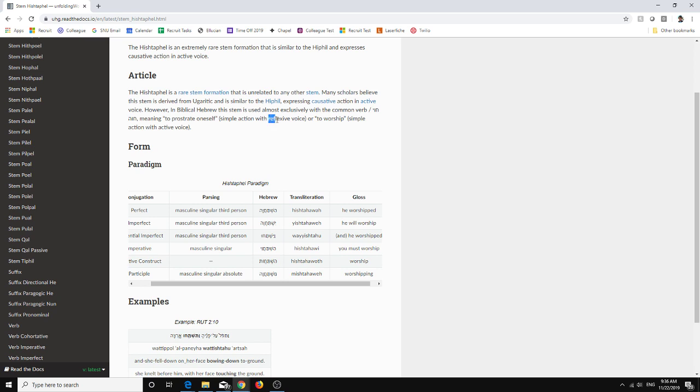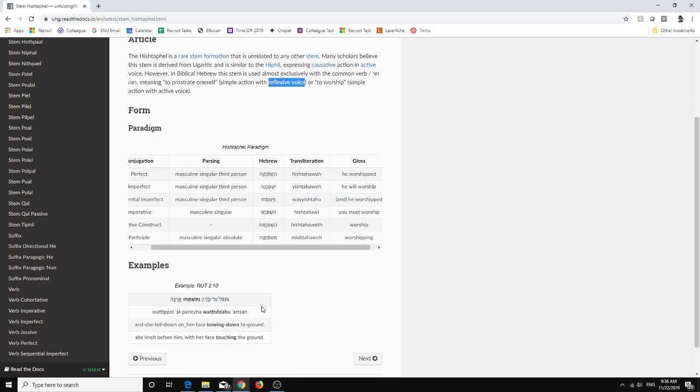It does have a reflexive voice to it as well. So that's why it's prostrating oneself. And then we might say it's worship at that point. Kind of a neat thing, it is in our book of Ruth. Ruth fell down with her face to the ground.